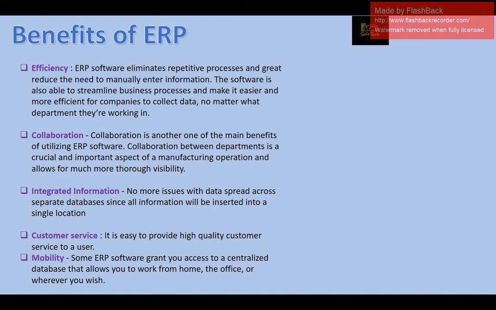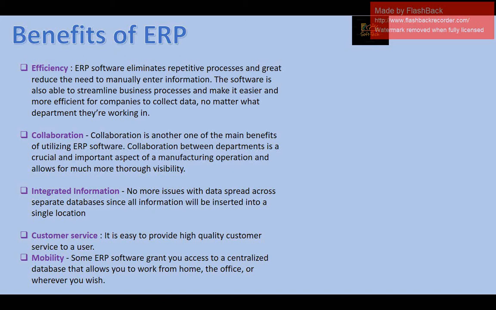ERP eliminates these different databases. Customer service also becomes very easy to provide. Every customer is satisfied quickly with the service provided, and we are able to give very good quality service from this ERP.